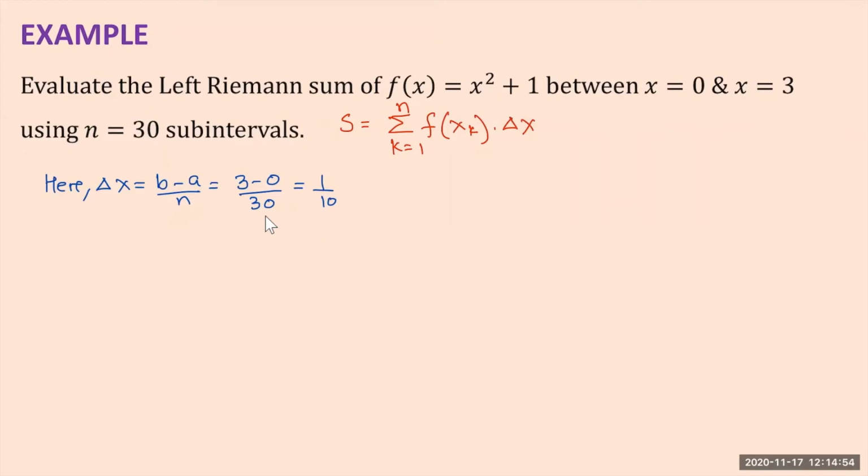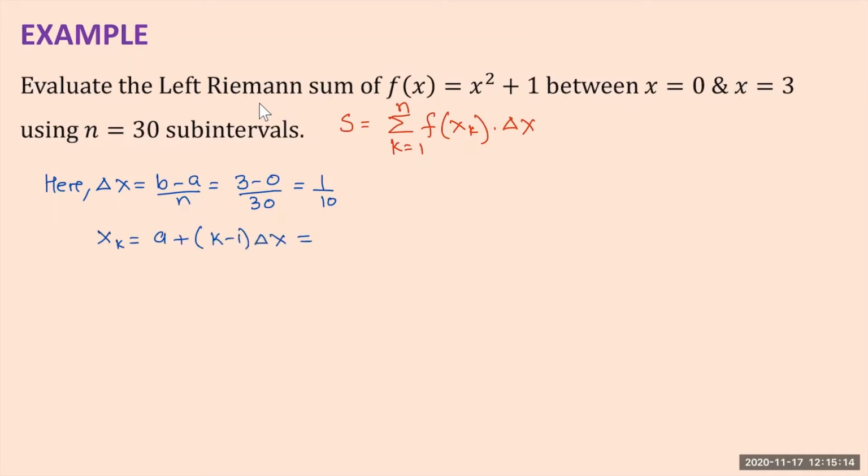After we have delta x, next I need is xk. xk for the left Riemann sum, because we are asked to evaluate using the left Riemann sum, is a plus k minus 1 times delta x.